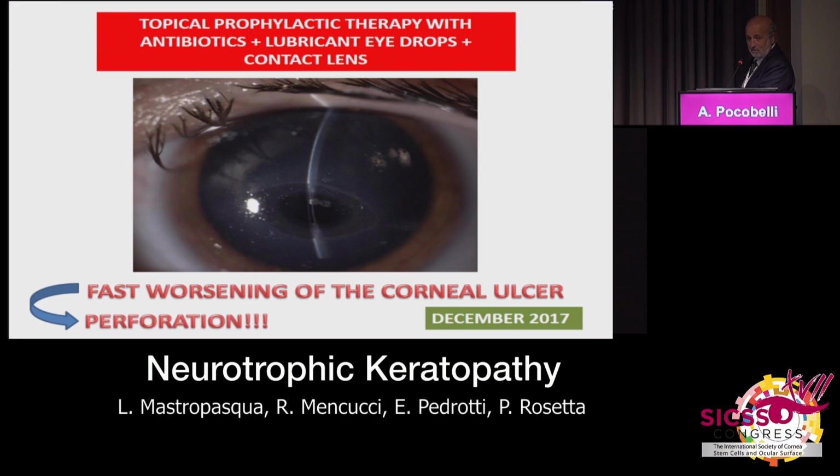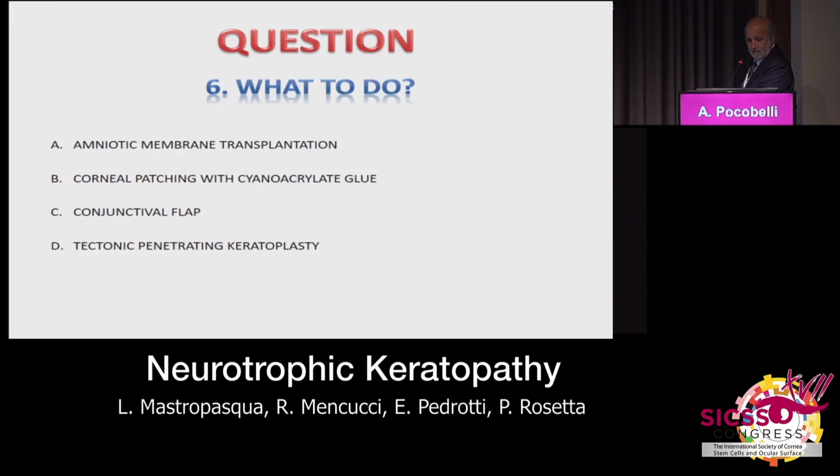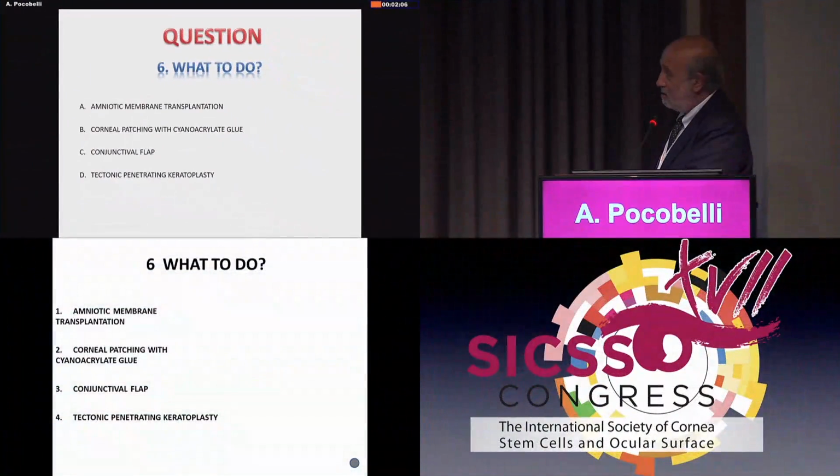So we had to apply for the approval of the ethical committee and the order, but actually it was too late. So the situation deteriorated, and perforation occurred. What would you do after the perforation?